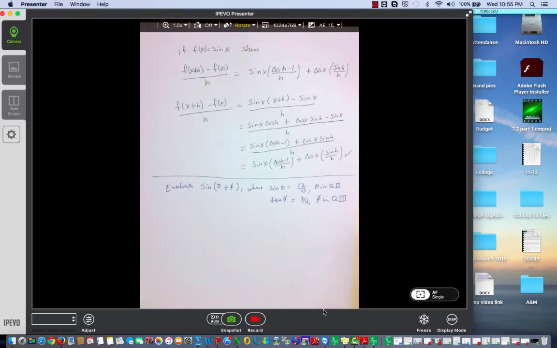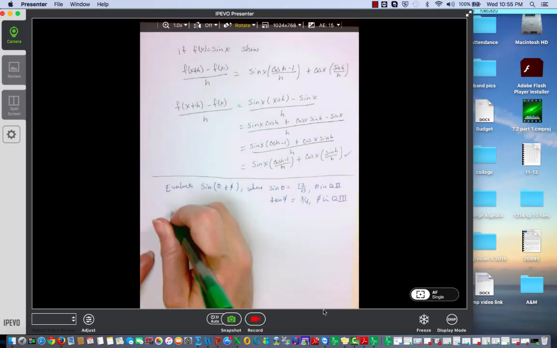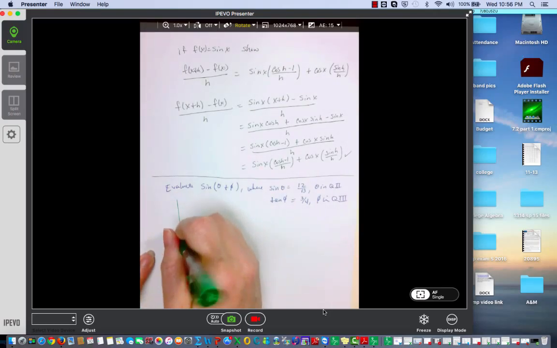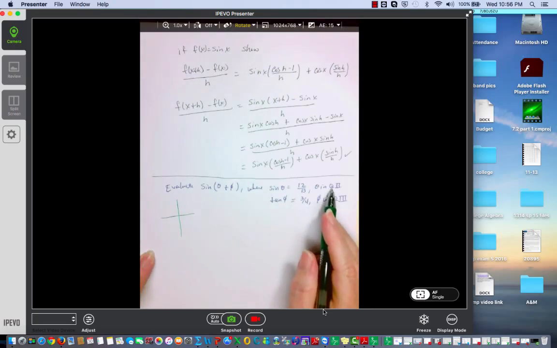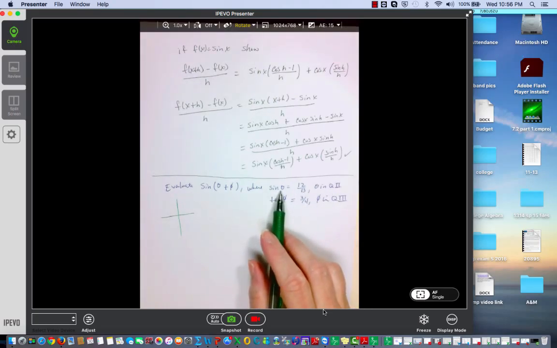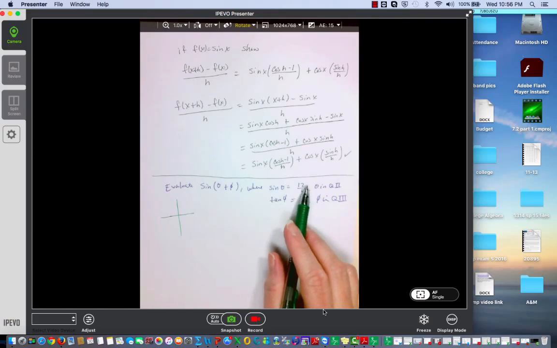So for our solution, we are going to sketch what we know about our values here. To sketch the angles, we're going to use standard position with our terminal sides in the correct quadrant. When we look at the first one, let's draw a triangle over here. We are in quadrant 2. We have sine theta, which is 12 over 13.